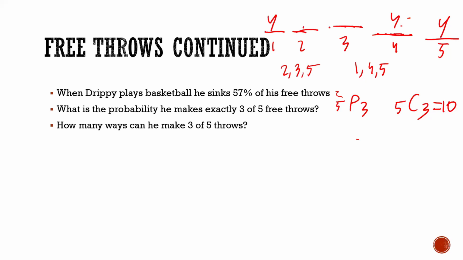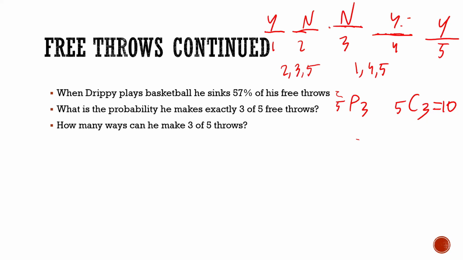So we are choosing 3 of these 5 slots to have Y's in them, and the remaining ones have N's in them, correct? Now it's a combination because choosing 1, 4, and 5 is the same as choosing 5, 1, and 4.